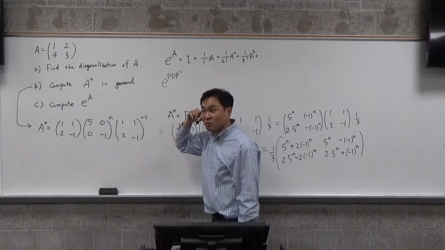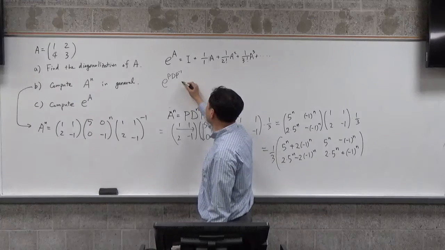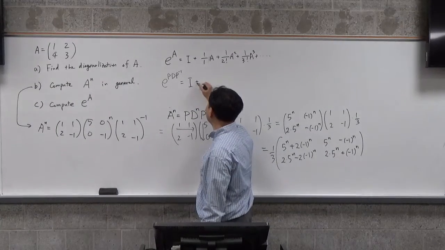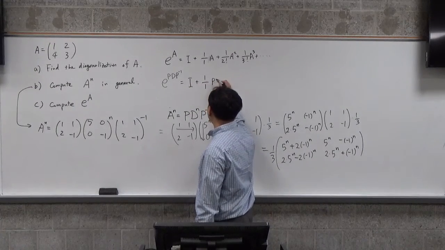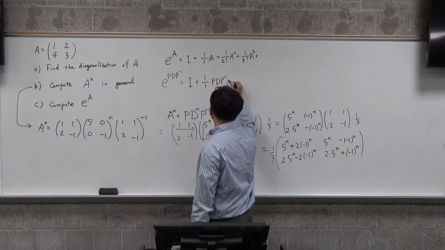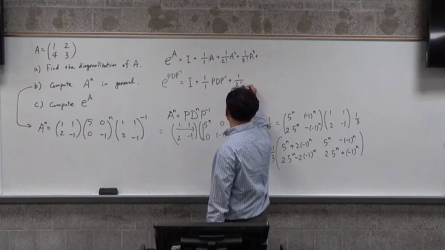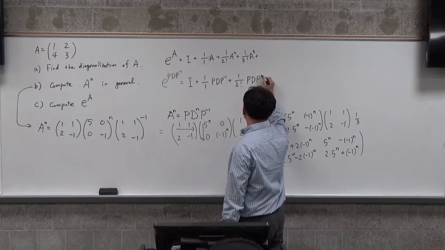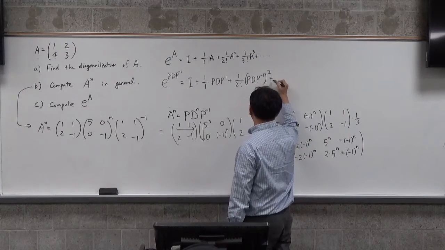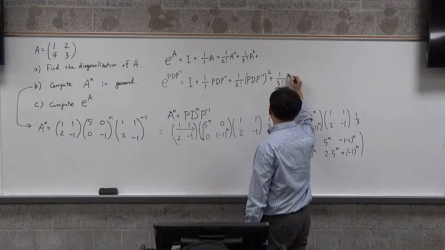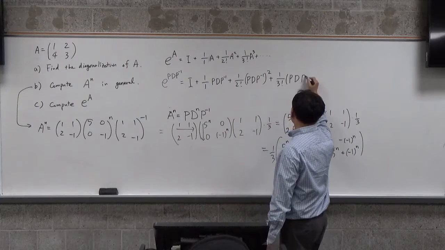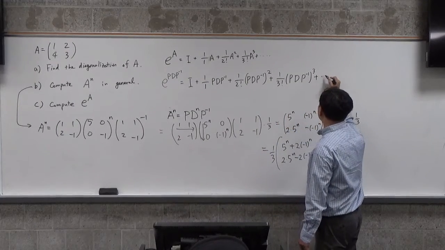That's what A is. We figured that out. Right? Therefore, this is identity, 1 over 1 P D P inverse, 1 over 2 factorial P D P inverse squared, 1 over 3 factorial P D P inverse cubed.